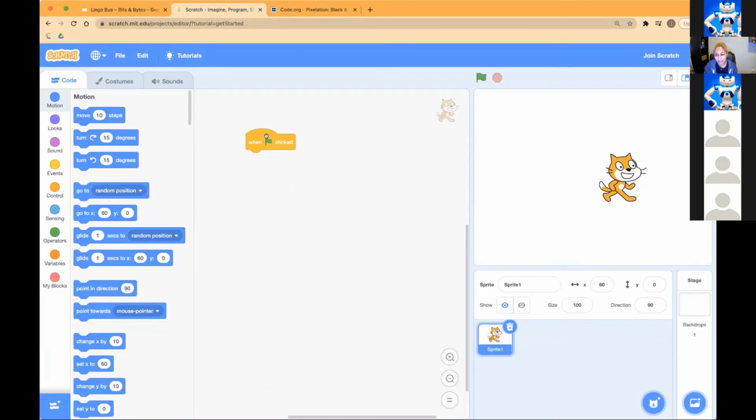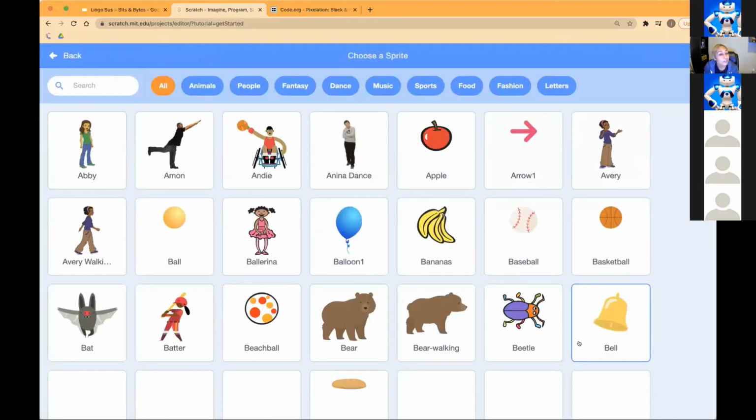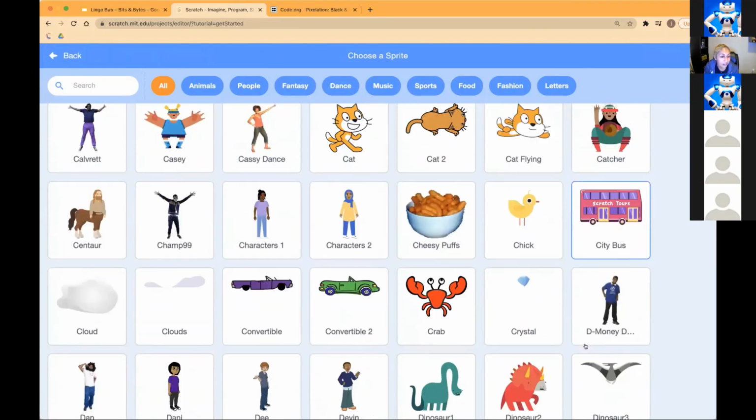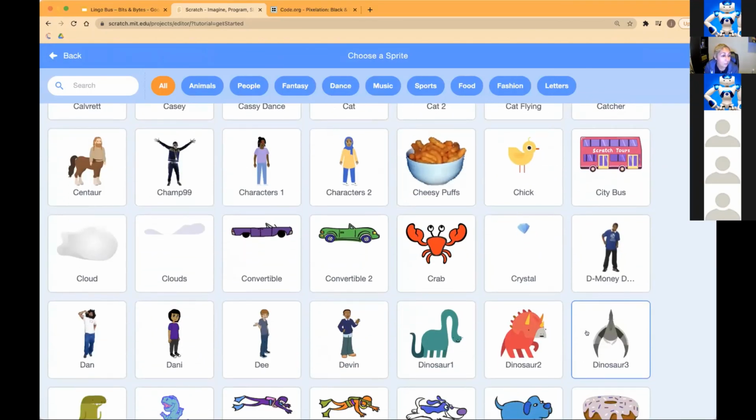There's a tiny button down below. Yes, there is a tiny button down below right here that says choose a sprite. Sprites are also what we call the characters. So if I click on choose a sprite down here, that's where I can see all the different characters that I can choose from instead of or in addition to using the cat.